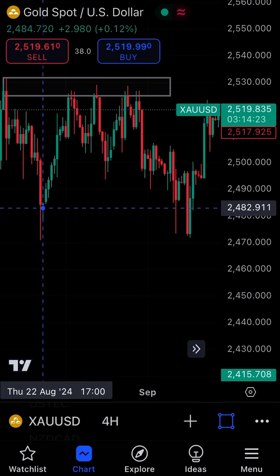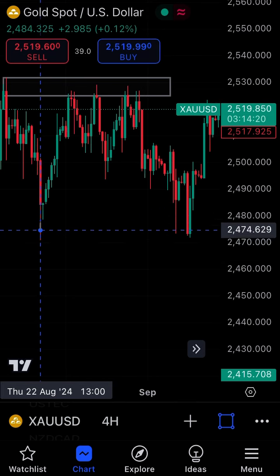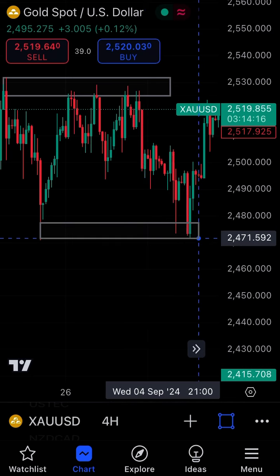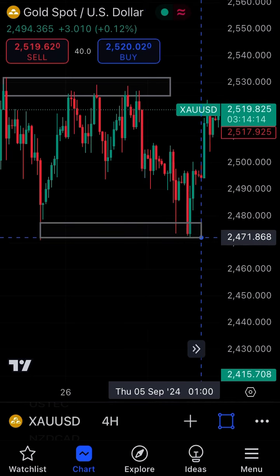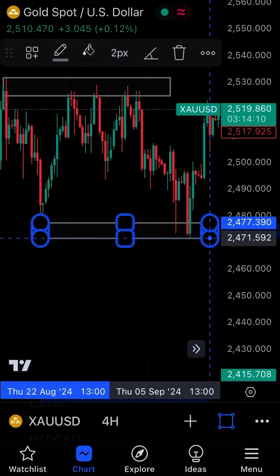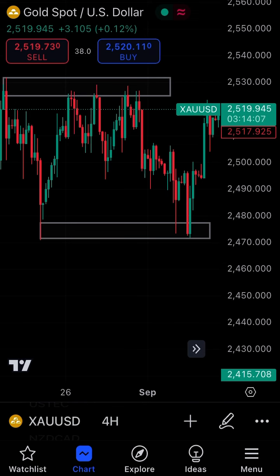Okay, so you mark this level out like this, and then after marking the level out, if you watch some of my videos, you see these are the kind of trades I use in flipping small forex accounts.